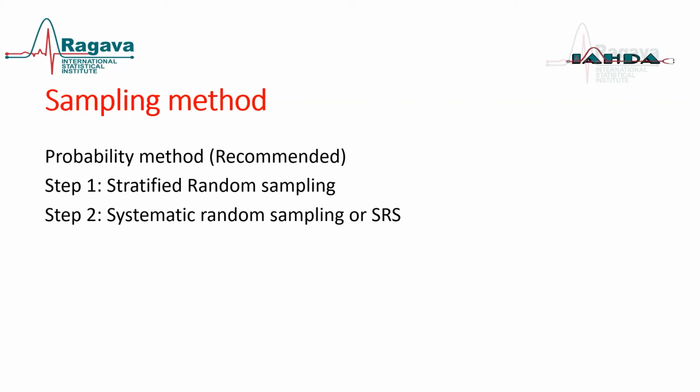Only from probability methods are we able to collect high quality data. If you use non-probability like convenient or some other method, quota method or snowball method, it is not possible to collect high quality data. Probably this one we can present in front of NABH people and JC people. That's all. But it's not possible to improve your process. So, how to use this method?